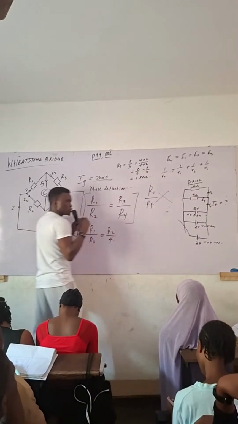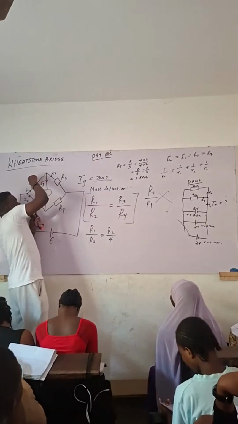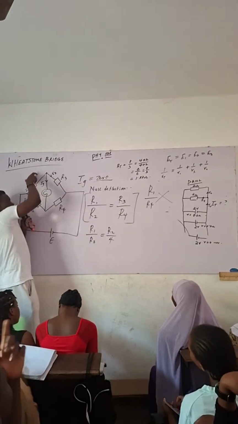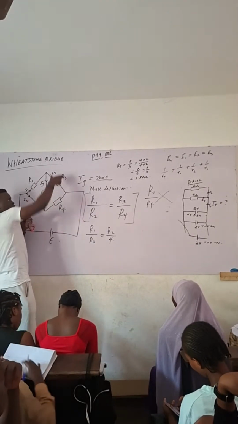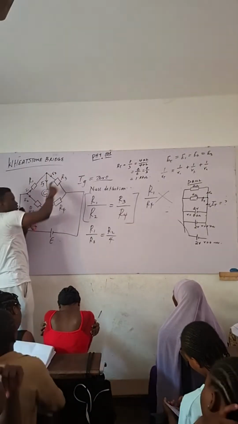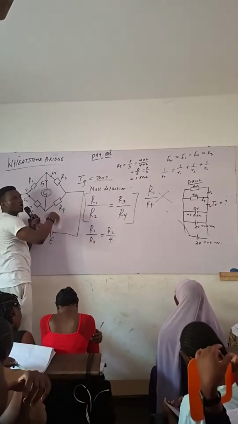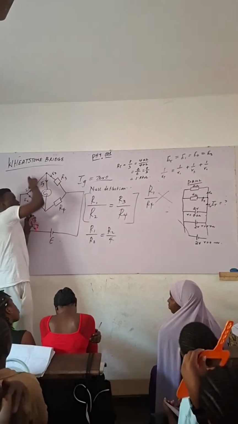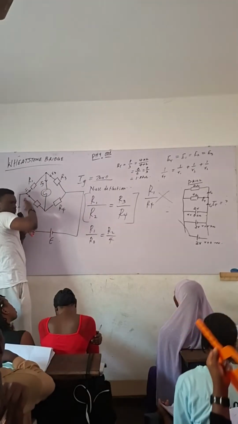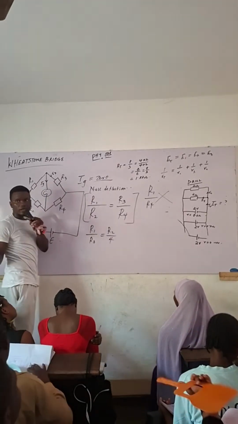Do you get that? So don't do R1 over R4, R3 over R2. No. It is R1 over R2 equals R3 over R4, or R1 over R3 equals R2 over R4, or R3 over R1 equals R4 over R2. Any one, but don't cross. That's all you need to know.